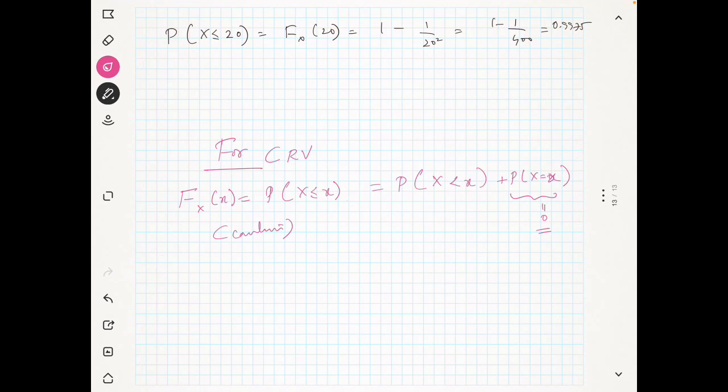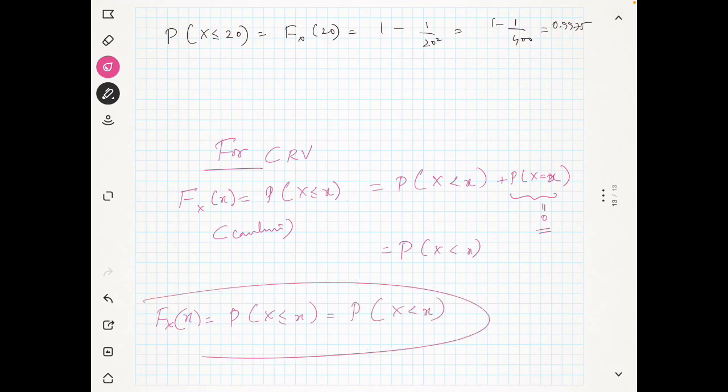So it is nothing but the probability that x is less than x. Both notions are the same.